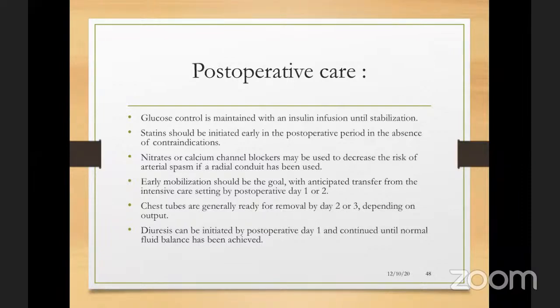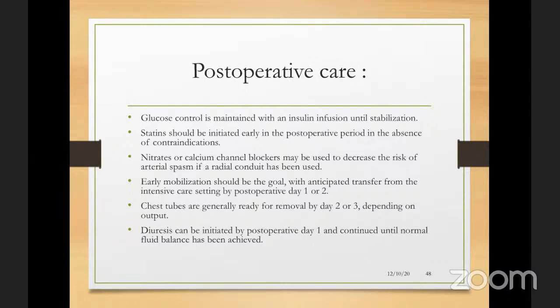If you use a radial conduit, a nitrate or calcium channel blocker may be used to decrease the risk of arterial spasm. Early mobilization should be the goal, with anticipated transfer from the ICU by day 2.